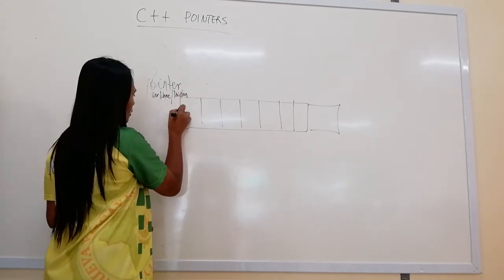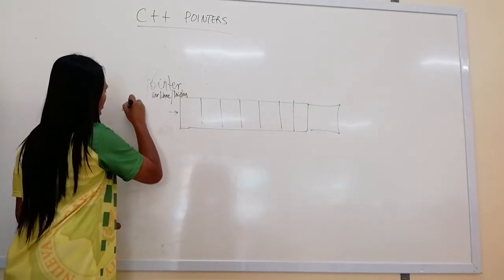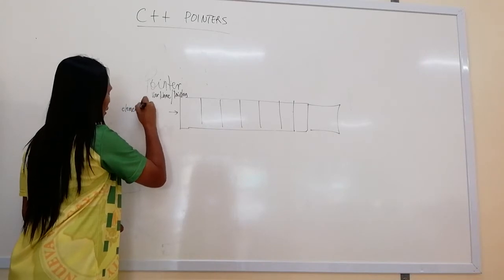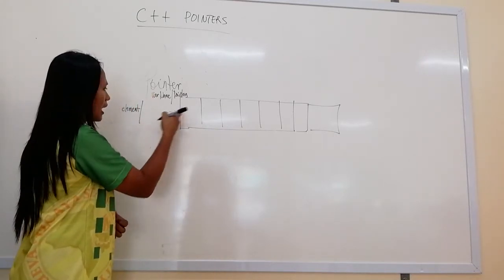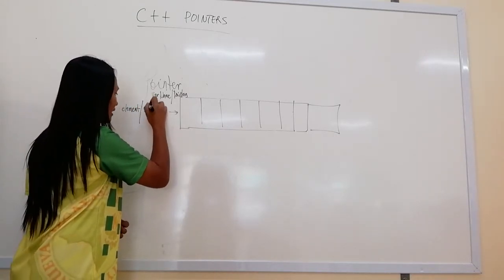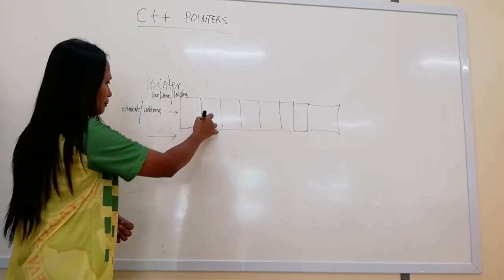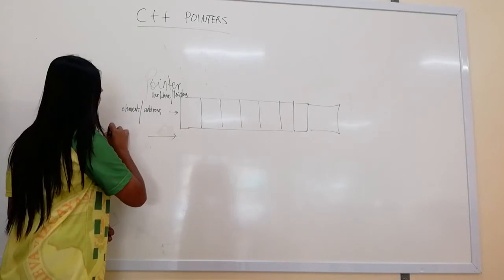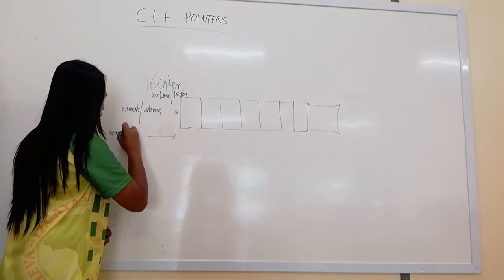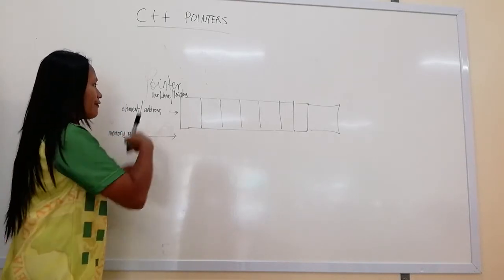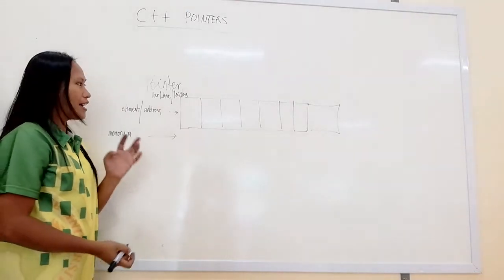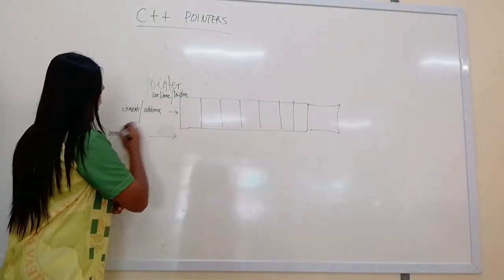In this part, we have what we call the element. It stores the element and a certain address. In this part, we have to place the memory address of a certain variable or a certain pointer.